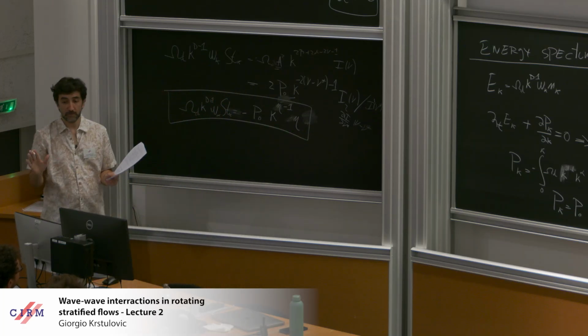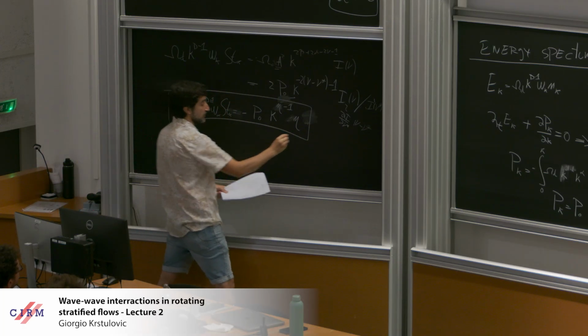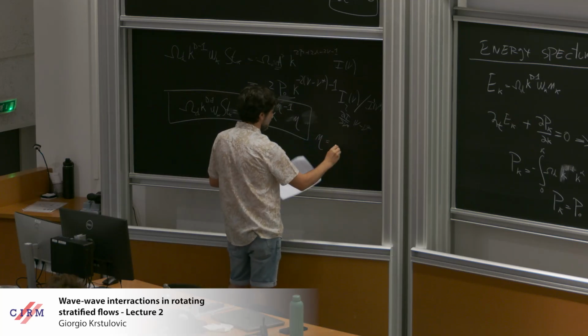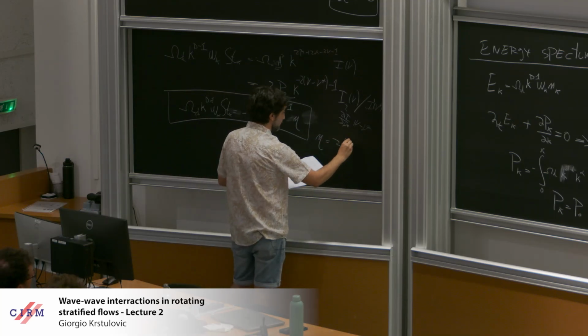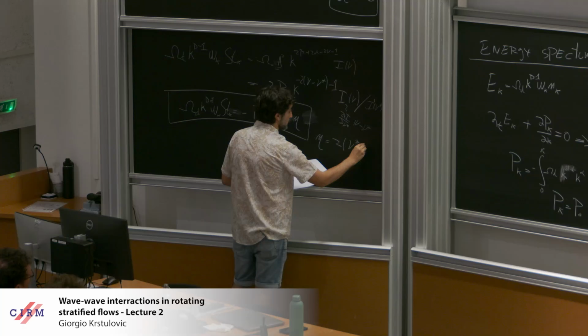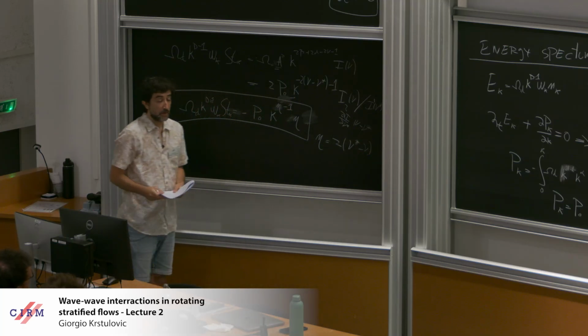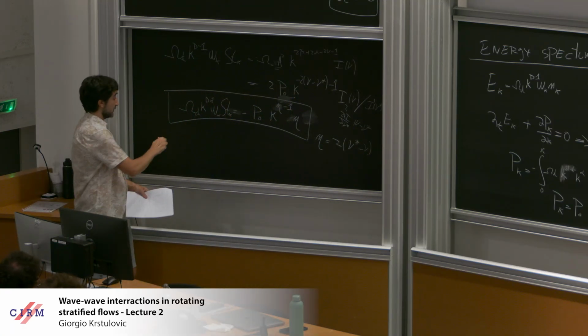Okay, so eta is a small thing which is just 2 nu. So basically there is an exercise you can do.